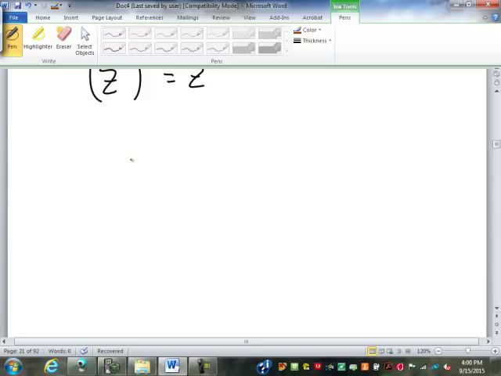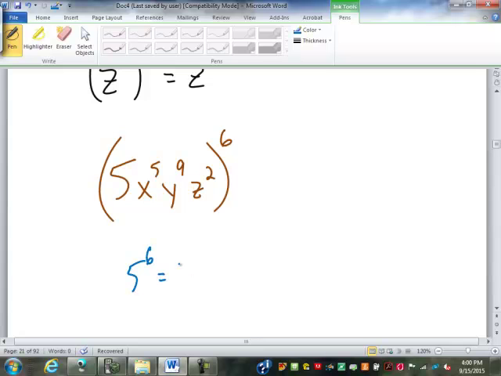How about 5x to the 5th, y to the 9th, z squared, all to the power of 6. Is that going to become 30? Say no. That is still 5 to the power of 6, which is, careful, 15,625, right?